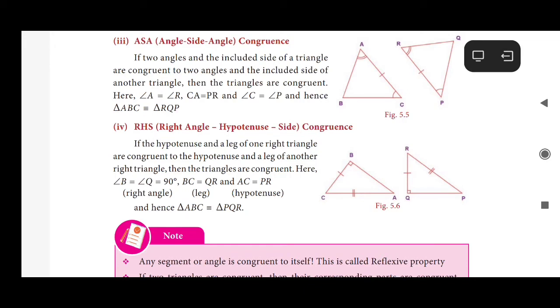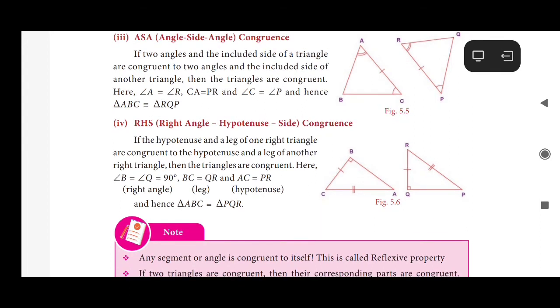Now RHS, right angle hypotenuse side congruence. RHS means right angle, hypotenuse and side. If the hypotenuse and a leg of one right angled triangle are congruent to the hypotenuse and leg of another right angled triangle, then the triangles are congruent. See here, BC is equal to QR, AC to PR.